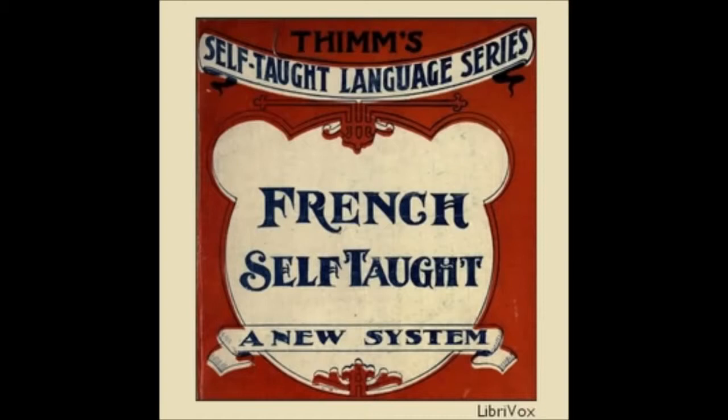A. A is pronounced like A in the English word father. B. B as in English. C. C before E and I is pronounced like S. Before A, O, U, and before a consonant, C sounds like K. D. D as in English.